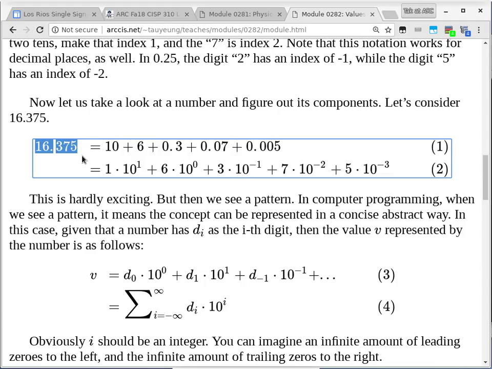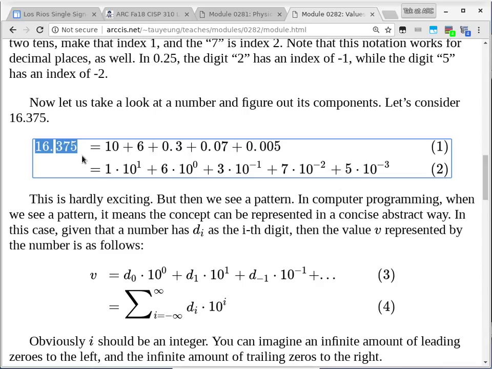To the right-hand side of the point, we are going for the negative powers. Immediately to the right of the point, the digit is representing the quantity of whatever base raised to the power of negative 1, and then -2, -3, and so on as you move to the right. Do you all see a pattern of how a value is represented by digits in a number?